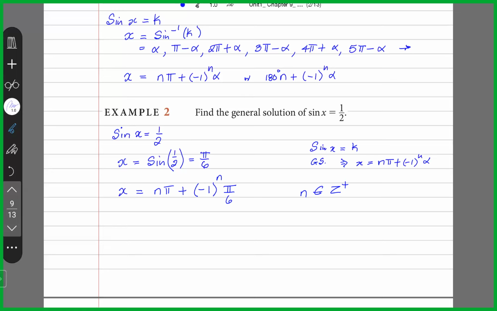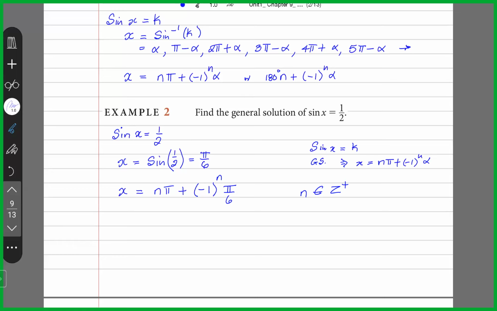When n is 1, it's pi minus pi by 6. When n is 2, it's 2 pi plus pi by 6. When n is 3, it's 3 pi minus pi by 6.